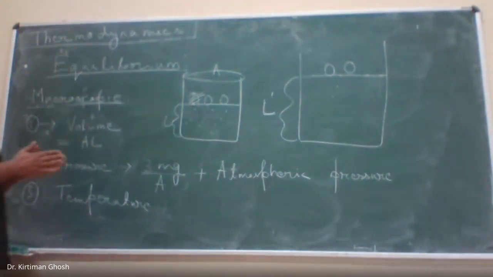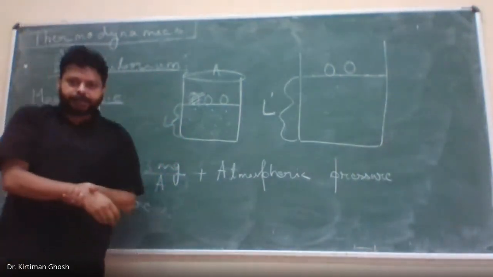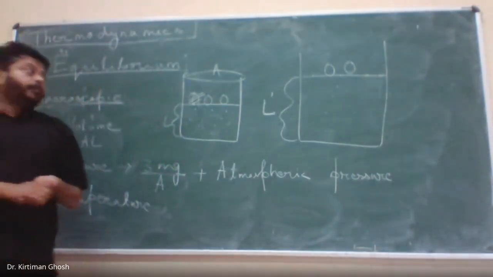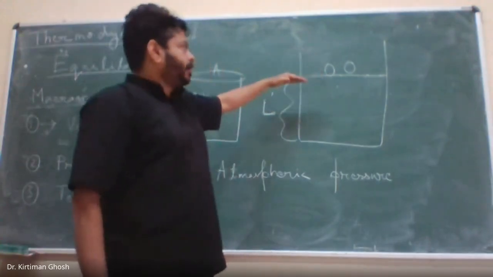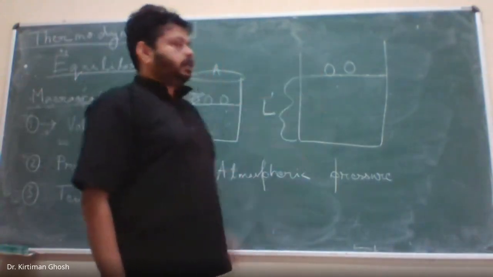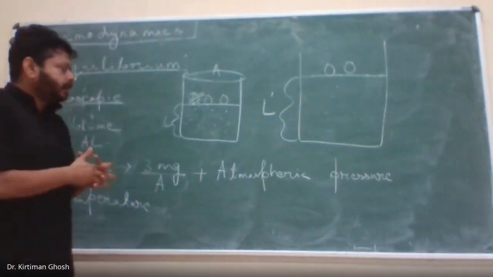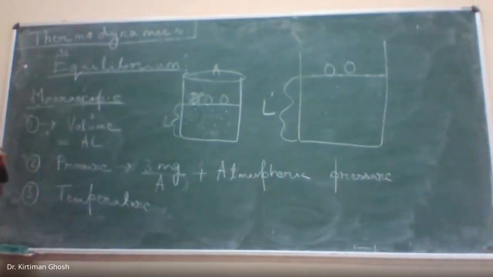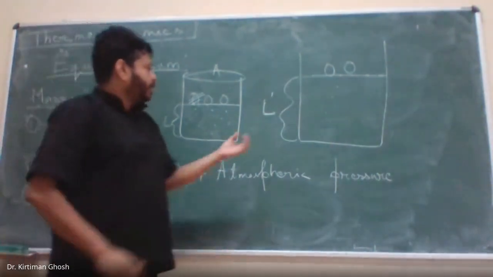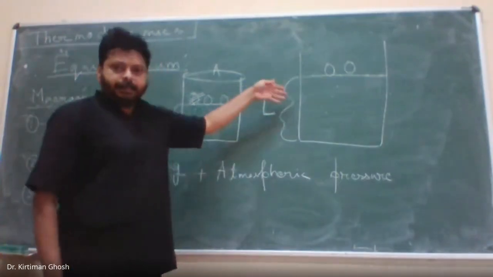So if I remove a weight from here, the system will go to a non-equilibrium state. The non-equilibrium state means when the piston is fluctuating, it has not come to a stable situation. In that non-equilibrium state, we do not have a measured value for L prime because it's oscillating, it's changing, right?